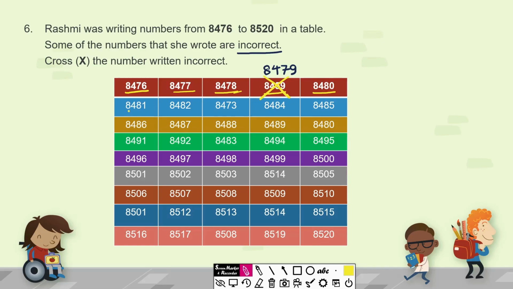Now move further. 8,481, 8,482, 8,473. No, it should be 8,483. So this is wrong. 8,484, 8,485, 8,486, 8,487, 8,488, 8,489, 8,490. Here it should be 8,490, but Rashmi wrote 8,480. So this is also a wrong number.